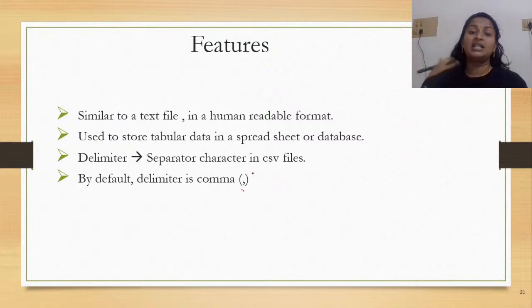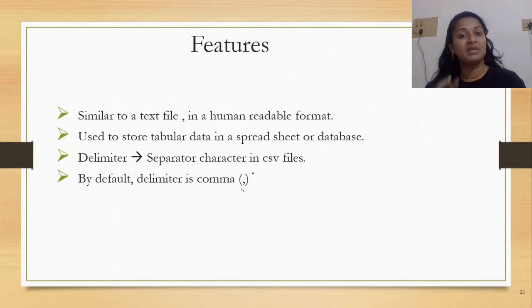If the default delimiter is comma, that means there can be other representations for the delimiter also. Like you can have a semicolon, or backslash t, or the pipe operator, as you wish. Now we'll look into how we can change the delimiter also. If you have not specified any other specific character to be used as a delimiter, the default value used is comma.